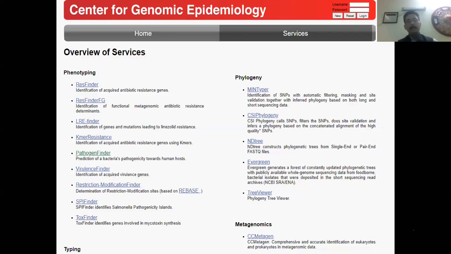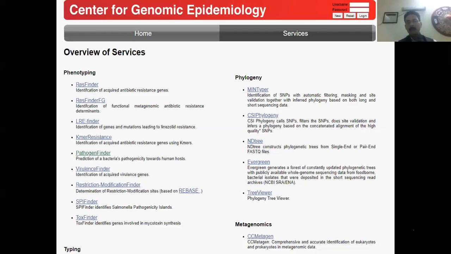So this platform has been developed as a very useful open access platform wherein you can provide as input the crude data that is obtained from any sequencing platform.